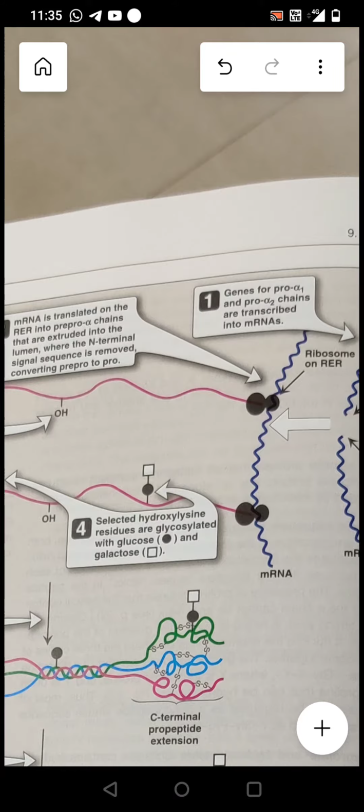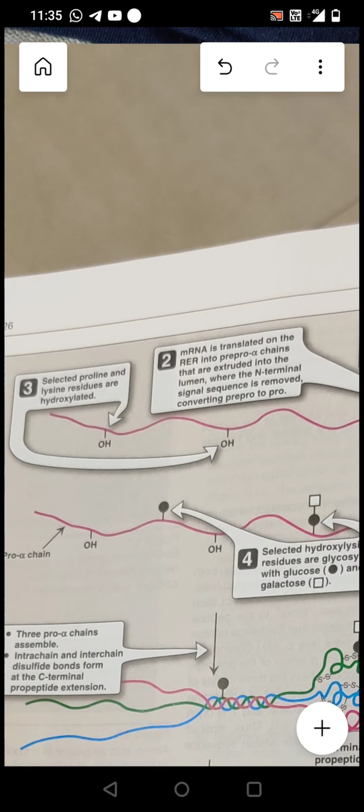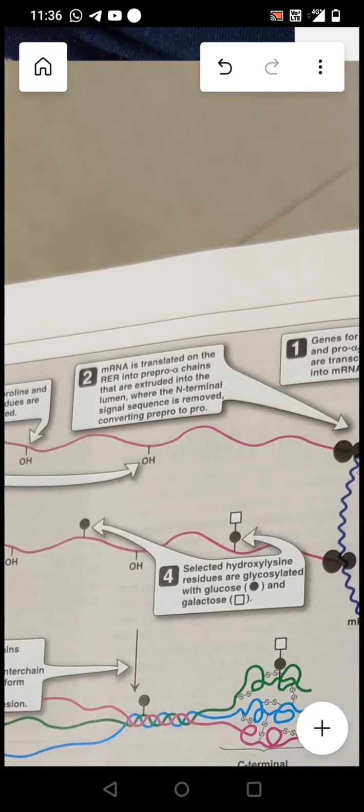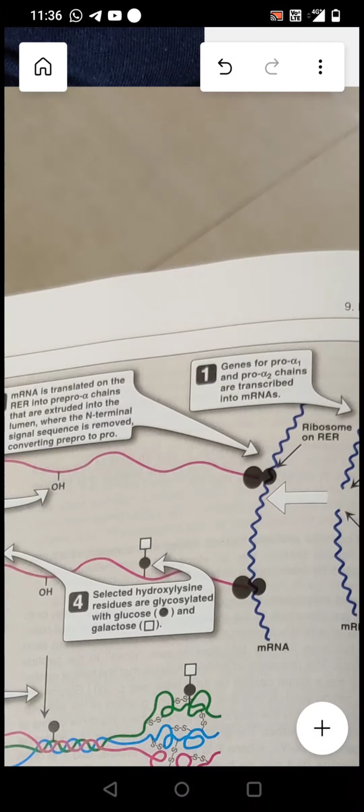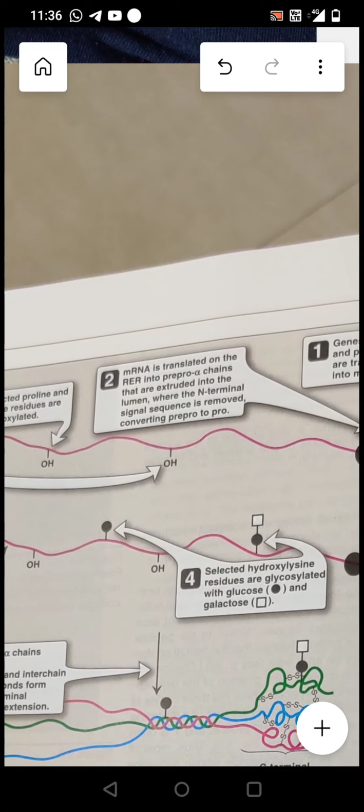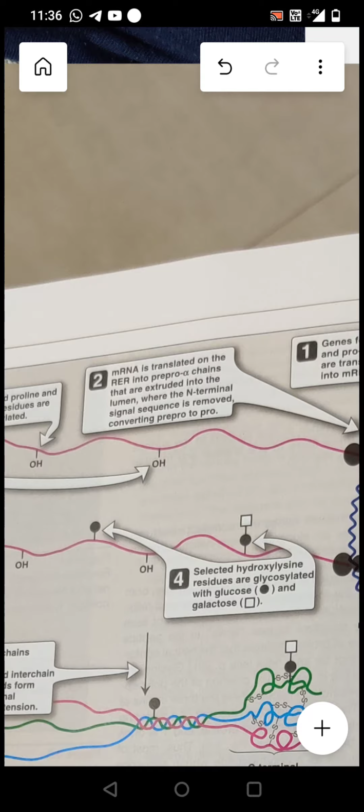When the N-terminal signal sequence is removed, you call it the pro-collagen. The ribosome gets removed now. Before the ribosomes were removed, it was called pre-pro-collagen. Once the ribosome is removed, it is called pro-collagen.